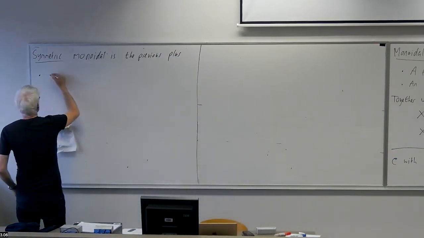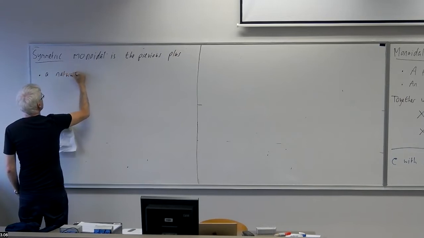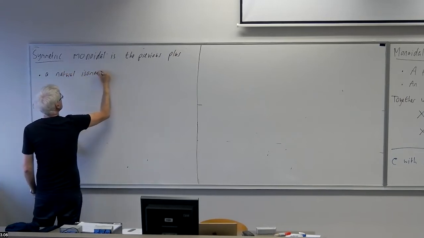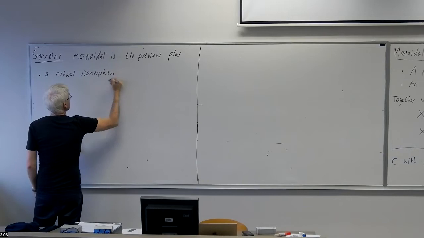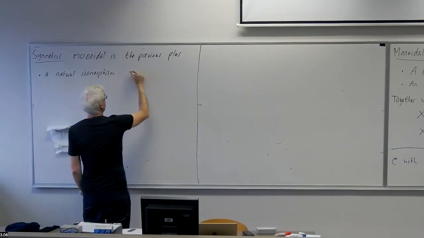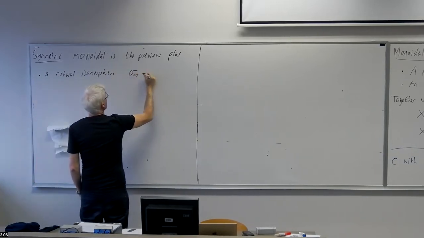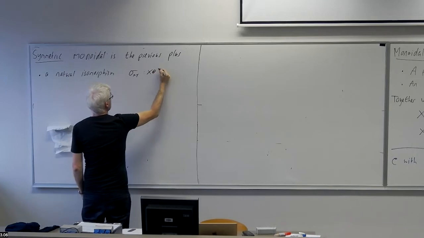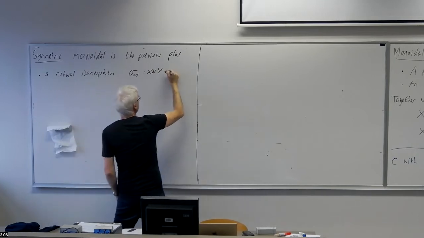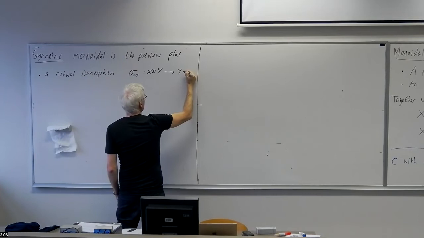There's a swap operation plus a natural isomorphism called sigma for symmetry. So this goes from X tensor Y, so it's a family of isomorphisms, natural in X and Y.